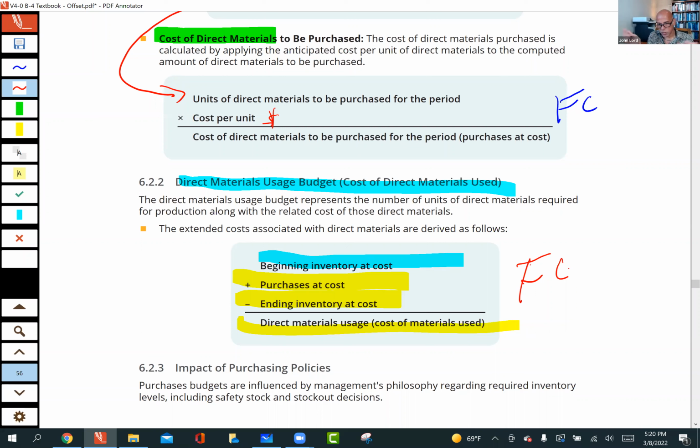Some questions will say they are going to purchase and use the same amount, but that typically comes up more in our variance analysis, where they'll have the amount purchased and used, and they'll say that those are the same amount. Sometimes you'll see that, but you just got to read the question carefully, because it does depend when we get into variance analysis.